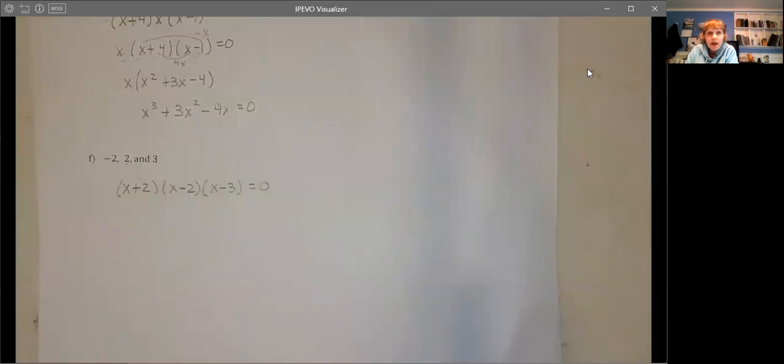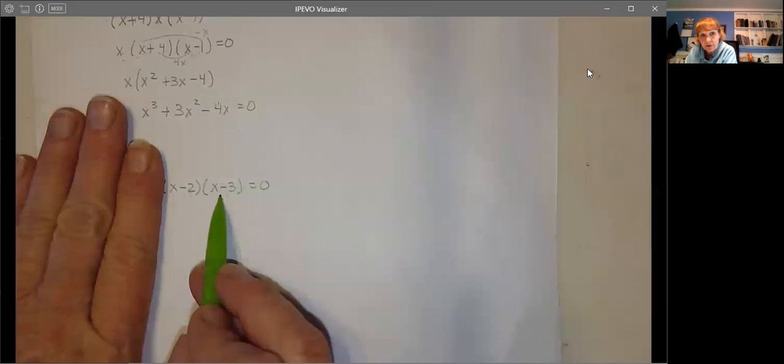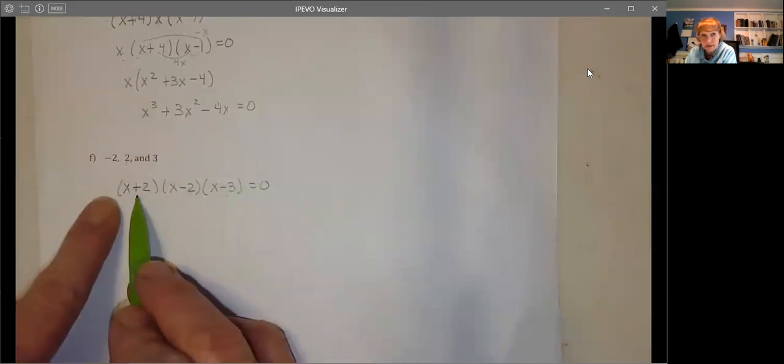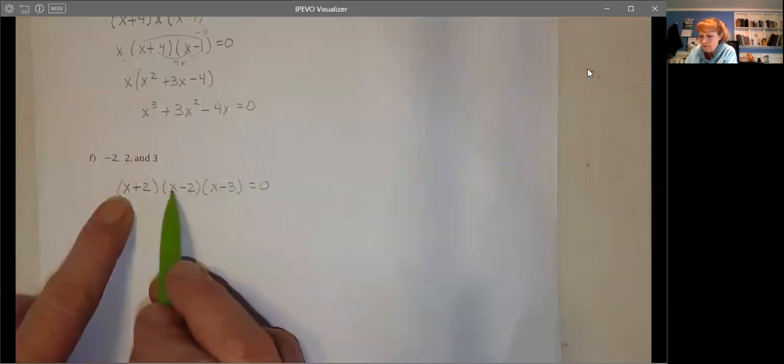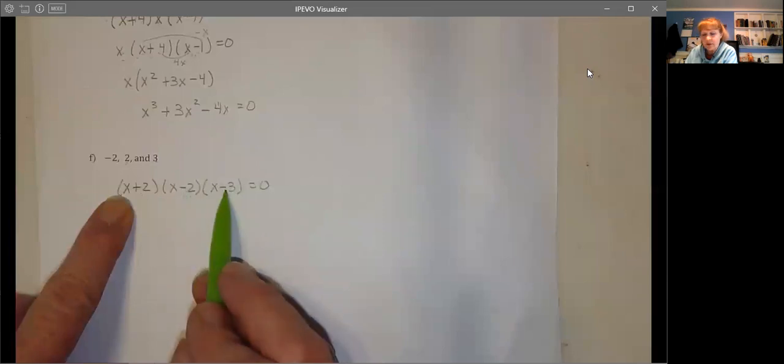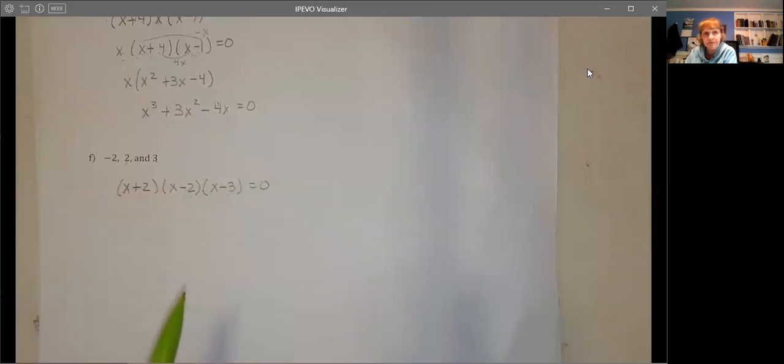Now when you multiply, I highly recommend that you multiply conjugates first, because in doing that, you'll have no middle term. It just makes it a little easier. Now it doesn't matter. You could multiply the last 2 together, and that answer times this. Or you can multiply the first 2 together, and that answer times this. Either way.